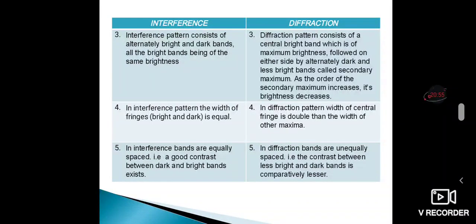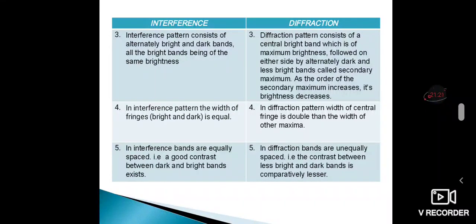The middle one, the central bright band, has the maximum intensity. After this, the brightness of the secondary maxima and minima goes on decreasing. Here all these bright bands are not of the same intensity, but in interference all the bright bands have the same intensity.